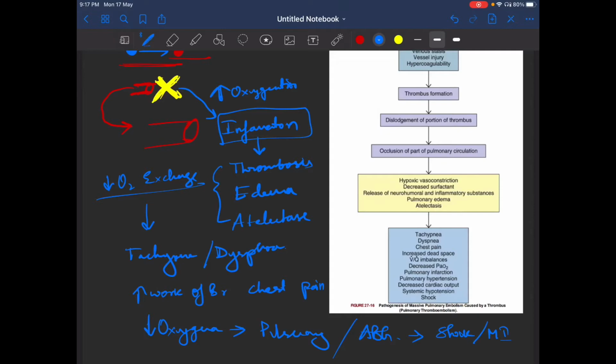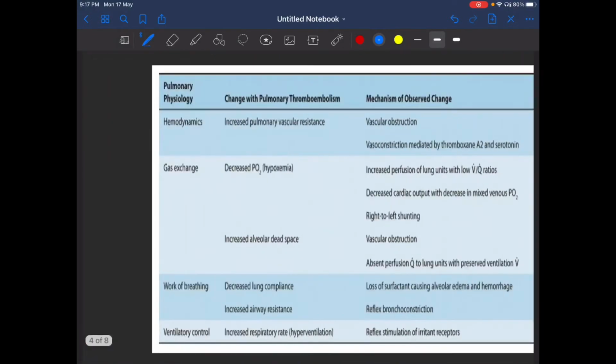We will see how. We'll just discuss how it happens. When there is an embolus in the pulmonary artery, this will have a back pressure on the right ventricle.